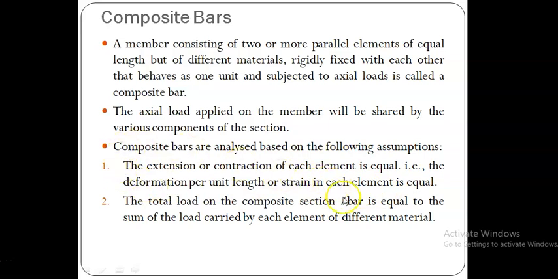So the total strain in the composite bar is also equal to the strain in one material and in the other material. Both strains are equal. Second, the total load on the composite bar is equal to the sum of the loads carried by each element of the material.